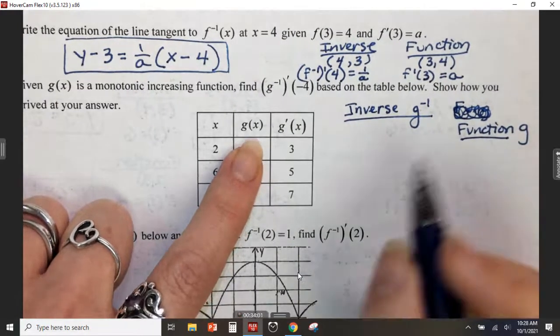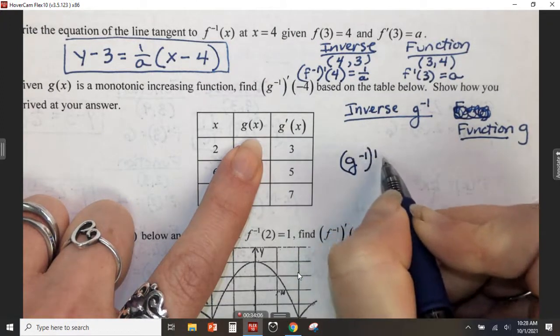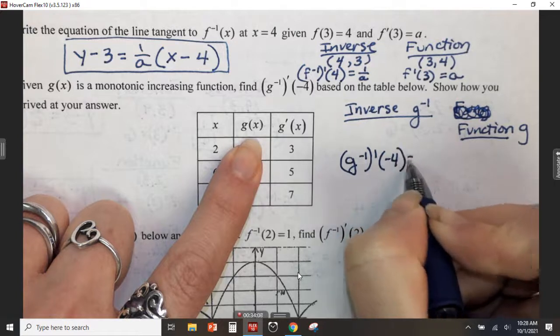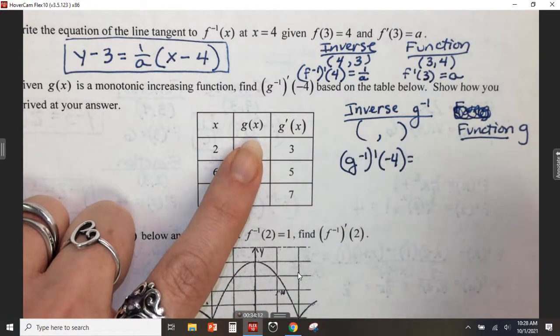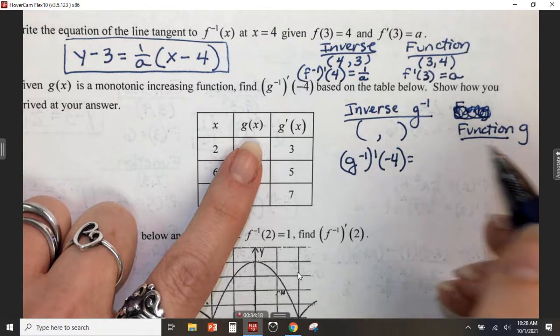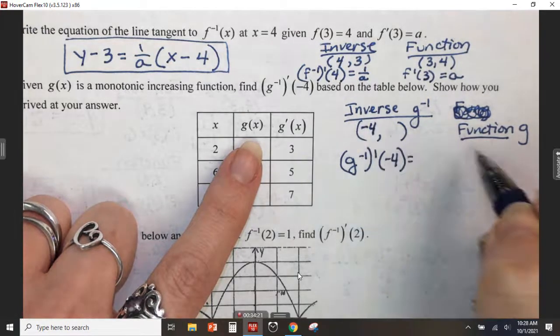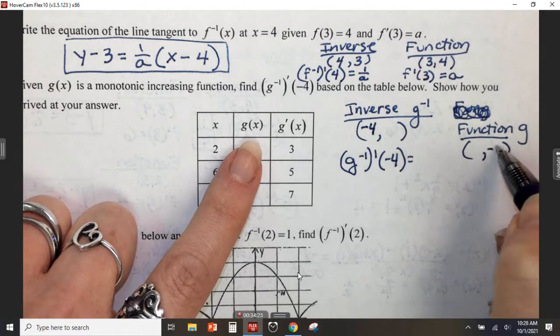So, I want to find g inverse prime of negative 4. So what does that tell me about the point on the inverse? The x value is negative 4, which means on the original g function, y value is negative 4.